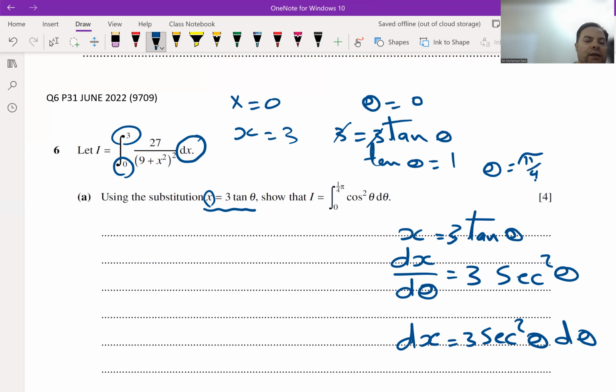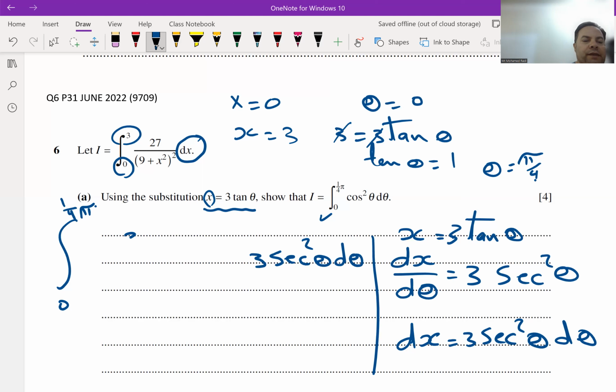So we change the limits from 0 to pi over 4. Remove dx and write 3 sec squared theta d theta. Then 27 divided by 9 plus x squared.